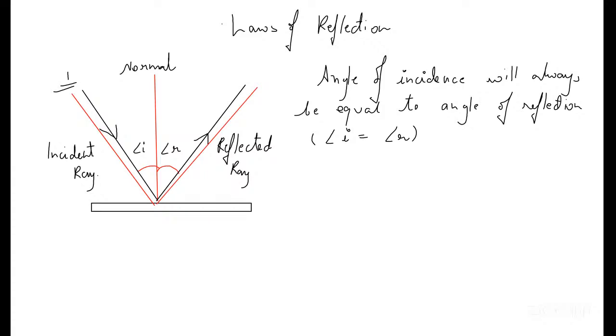If it is a plane mirror, like I taught you all, regular reflection, it will reflect the same way it's coming. Like it's coming like this, it will be reflected like that.